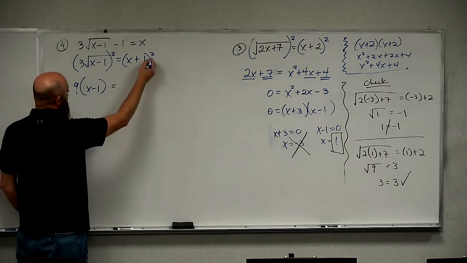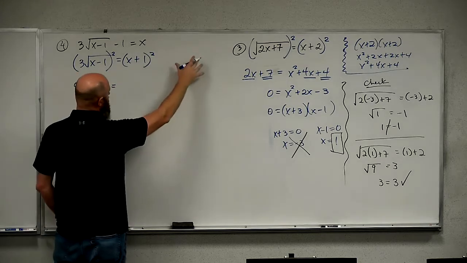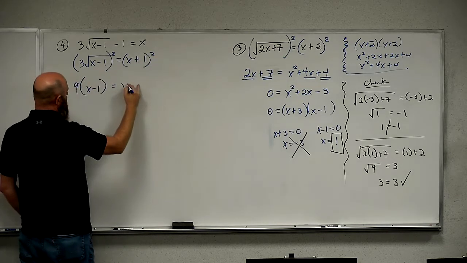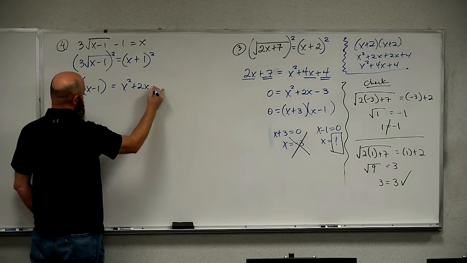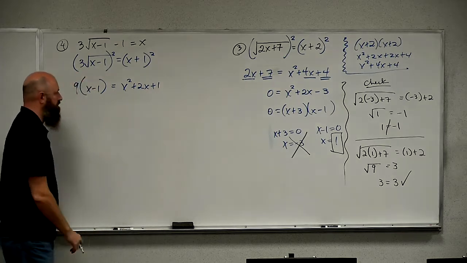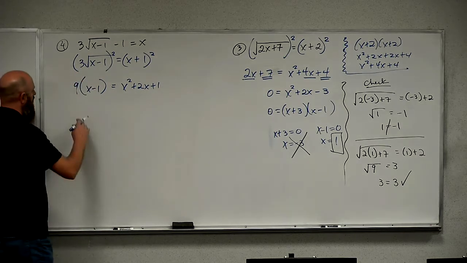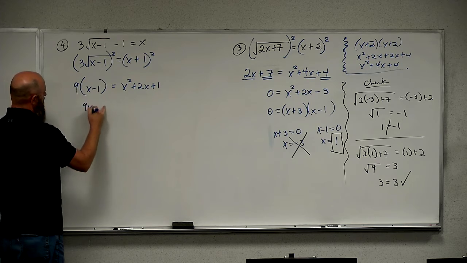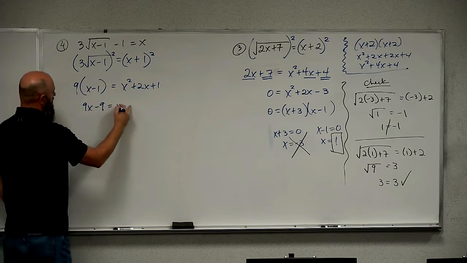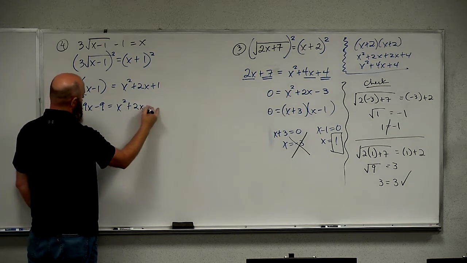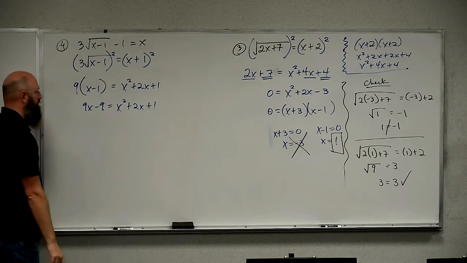All right, then over here, again, we would go to the side, we would square that out, but after we do that, you should get x squared plus 2x plus 1. All right, so now we distribute, we get 9x minus 9 equals x squared plus 2x plus 1.